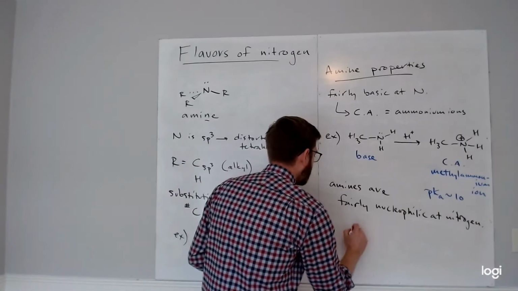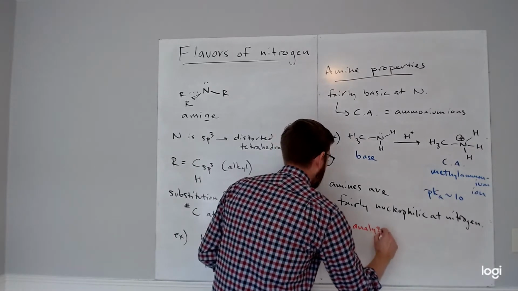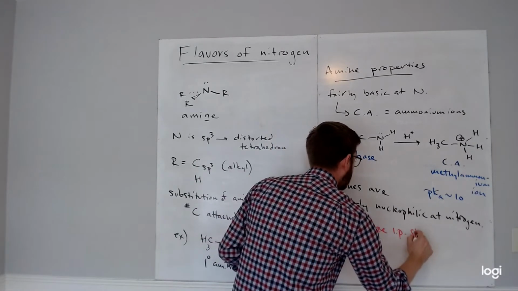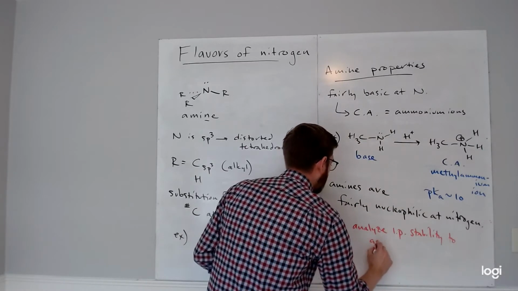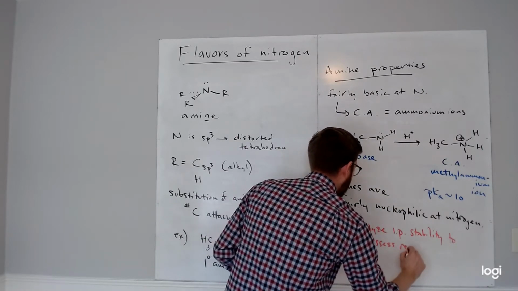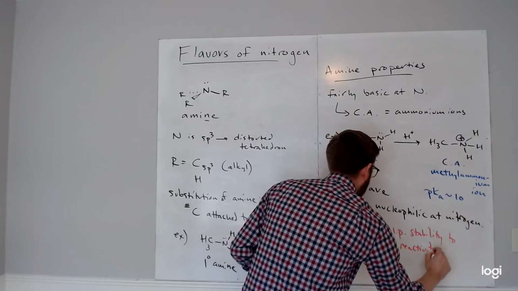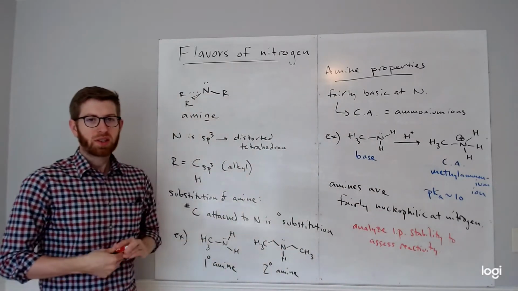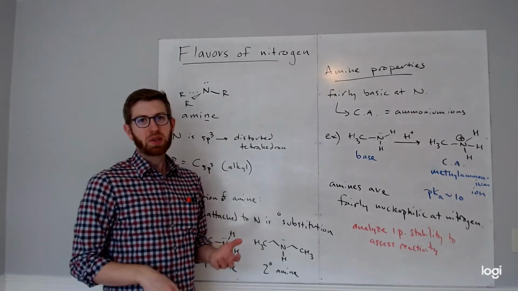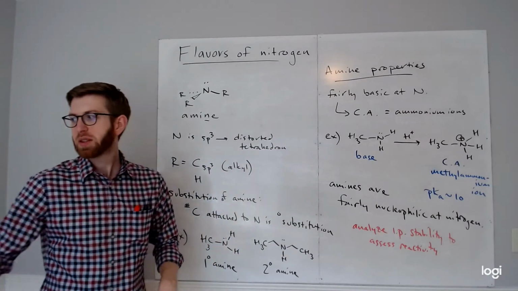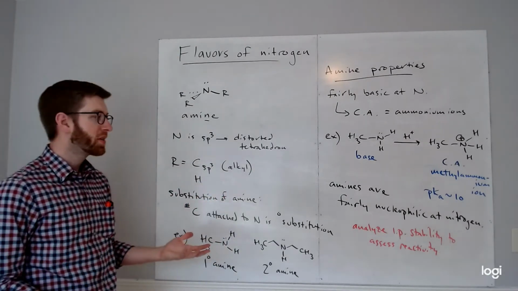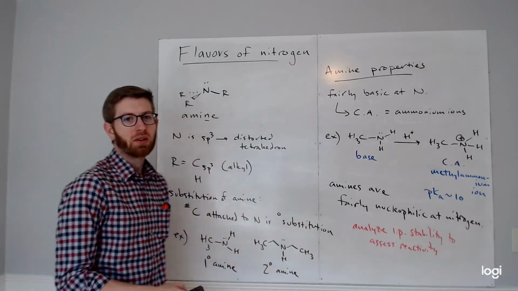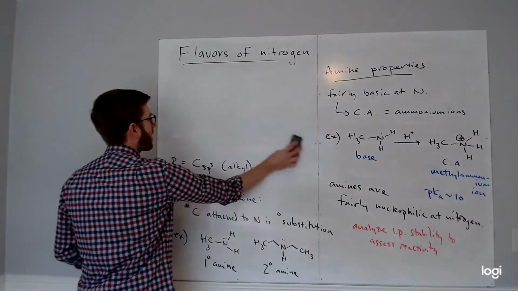So analyze lone pair stability to assess reactivity. This is an idea that you've seen multiple times throughout the semester, but we're seeing it here as well. There's one other feature, though, especially with amines, that we do need to consider that's not directly related to lone pair stability, and that's actually sterics.